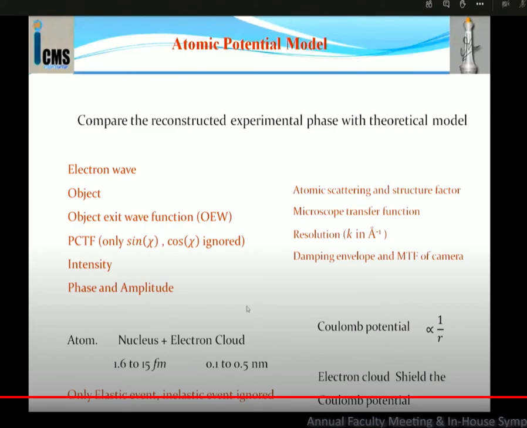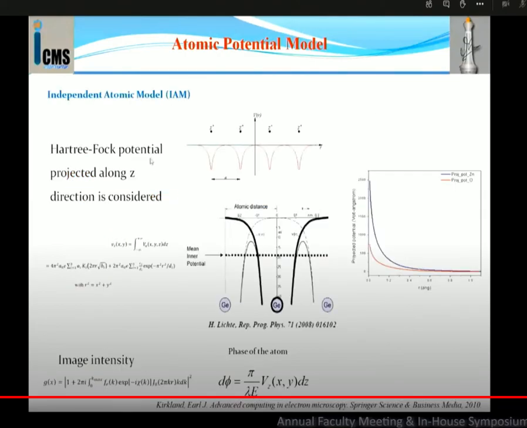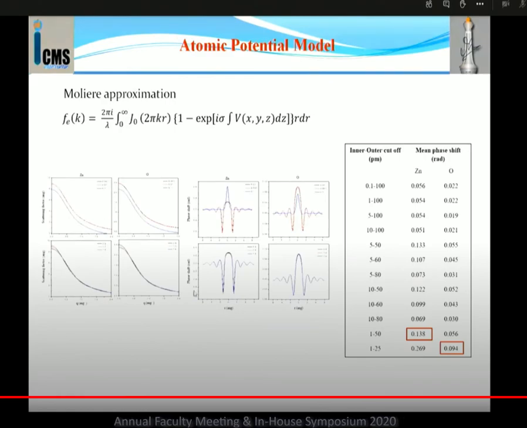I will not go through the details, but we followed the Hartree-Fock potential, and we calculated intensity using this particular equation from a certain source, calculated the projected potential using Hartree-Fock as mentioned already, and then calculated phase by this equation. We also took care of the inner bound and the outer bound of the potential, because potential is an asymptotic function. We found that beyond a certain inner bound and outer bound, the atomic scattering factor, the intensity and phase do not change significantly.